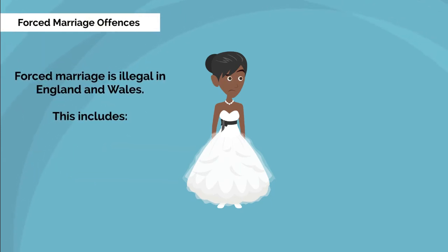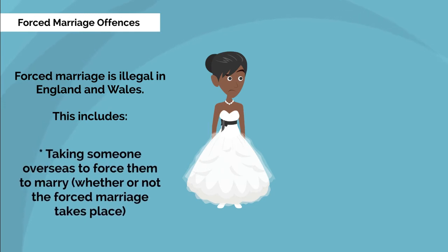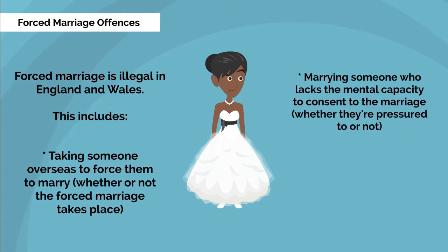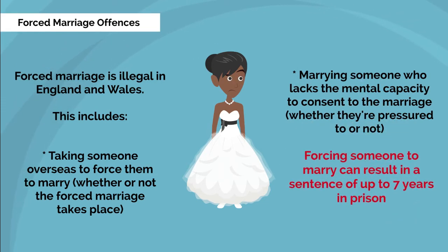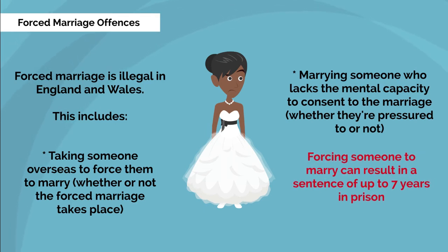This includes taking someone overseas to force them to marry, whether or not the forced marriage takes place. Marrying someone who lacks the mental capacity to consent to the marriage, whether they're pressured to or not. Forcing someone to marry can result in a sentence of up to 7 years in prison.